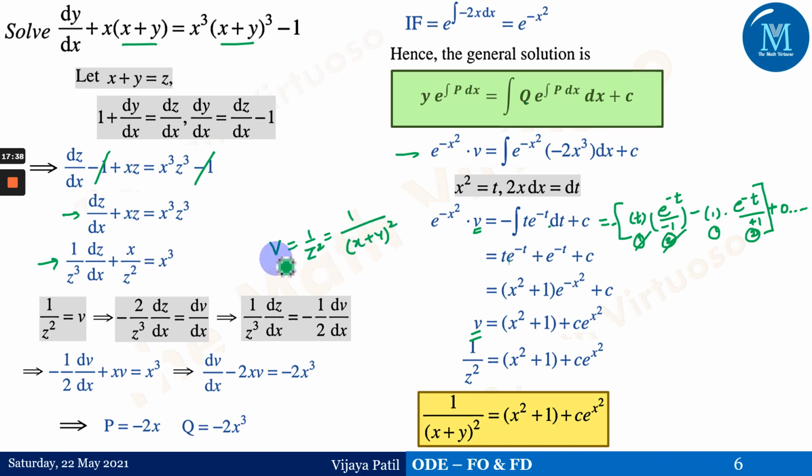So ultimately v can be replaced as 1 upon (x plus y) square, and that is what we have done here. We can easily see that the given equation is in terms of x and y, and the answer should also be in terms of x and y only, not other in-between variables.